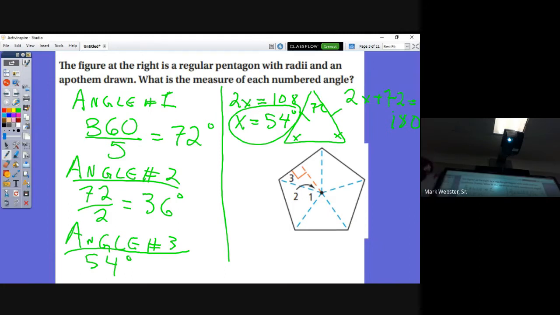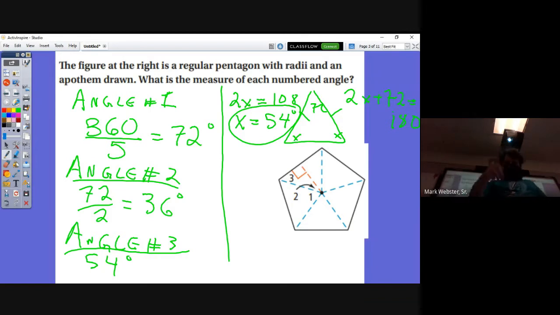So as we're looking at this, the key to doing all these problems starts with finding angle number 1 first, the big vertex angle. We find out how many sides there are. We just count here. Pentagon, 1, 2, 3, 4, 5 sides, right? We know that the whole thing should be 360.